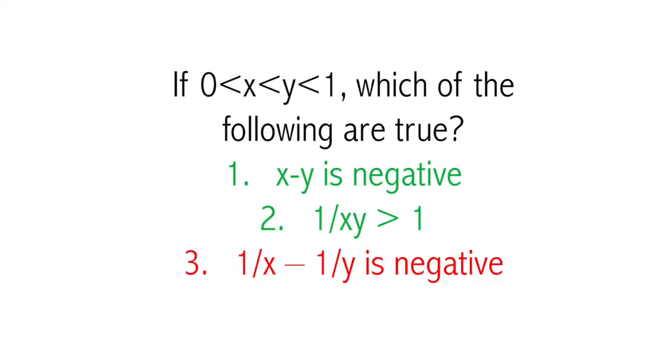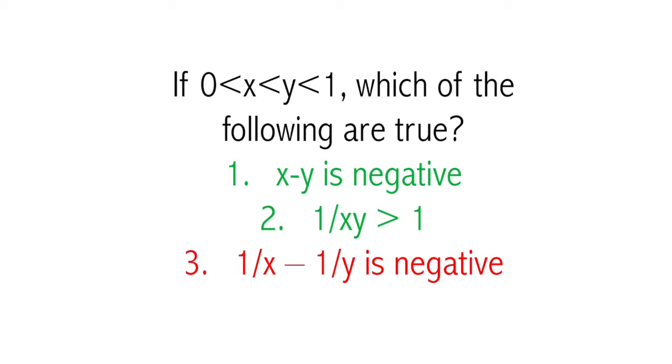The better way to do it is to think about it intuitively though. Now x is smaller than y. When you subtract a larger number from a smaller number, of course you're going to get a negative number. So without doing any substitution, you should know that 1 is always going to be true. The second statement is where things get tricky. But once again, both of these are decimal numbers between 0 and 1.